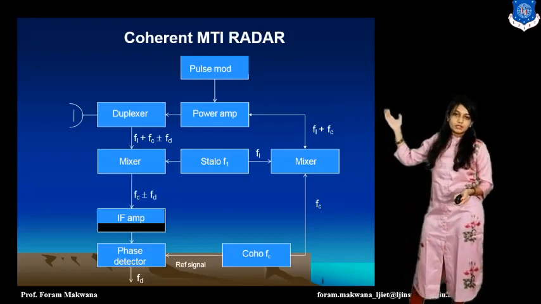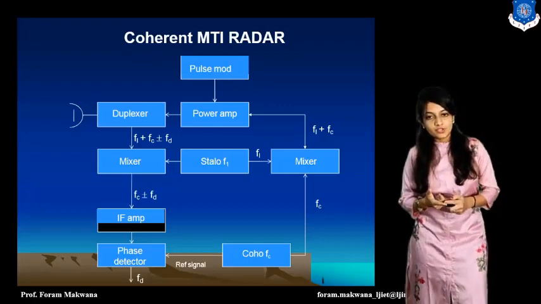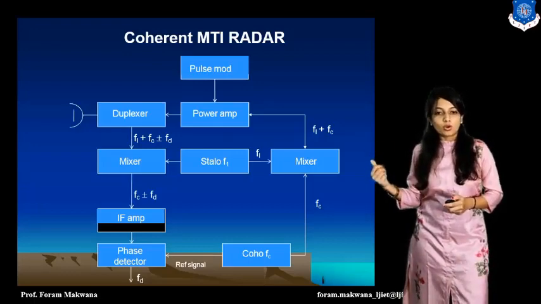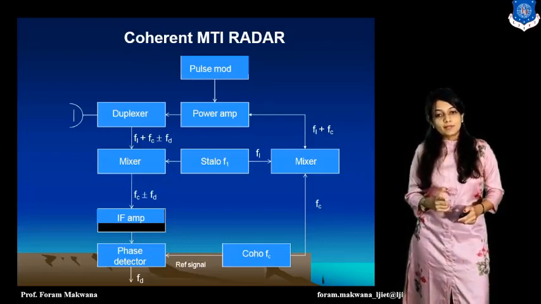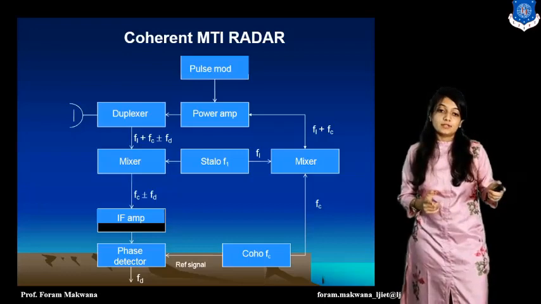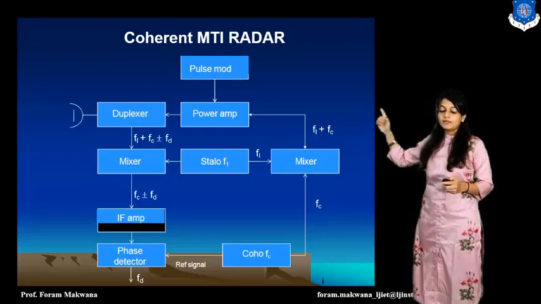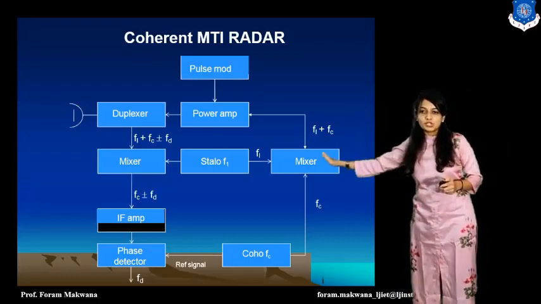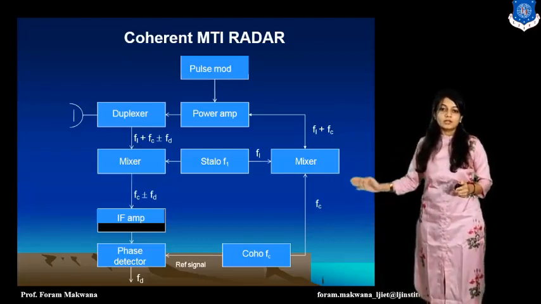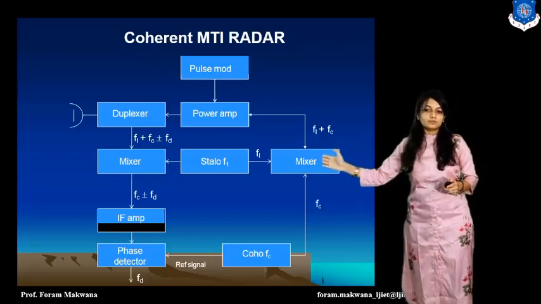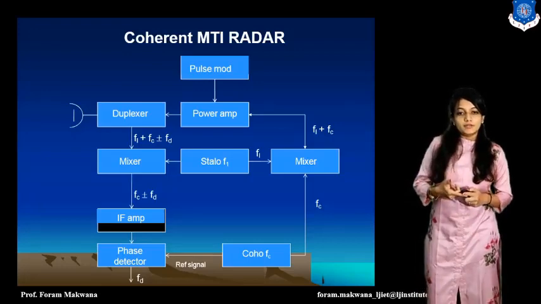As I have told you earlier, to use a single antenna for transmission as well as for reception, we use the duplexer block. And if we are going to transmit the signal in the form of pulses, a pulse modulator is used. So the upper portion is the transmitter, and the lower portion after the duplexer, the mixer, IF amplifier, filter, local oscillator, and so on, are all the components of the receiver.